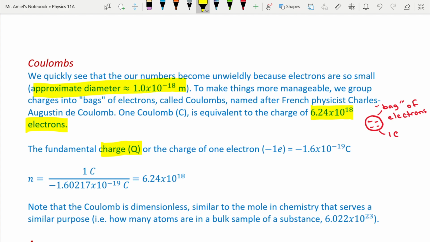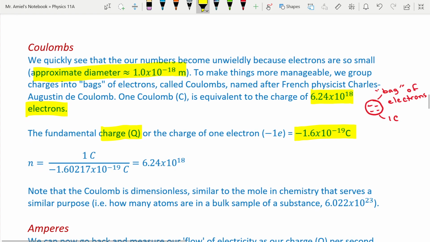Charge is Q. The fundamental charge, the charge of a single electron, which is the smallest charge a particle can carry, is negative 1.6 times 10 to the negative 19 coulombs. So 1 coulomb is 1 divided by the fundamental charge, which means we have 6.24 times 10 to the 18 electrons in a 1 coulomb charge. So 1 coulomb is the amount of charge carried by 6.24 times 10 to the 18 electrons.